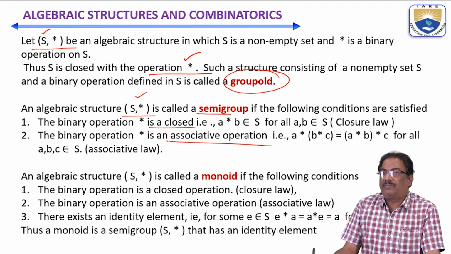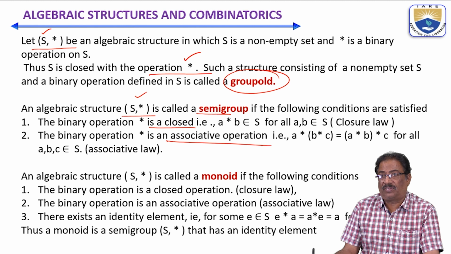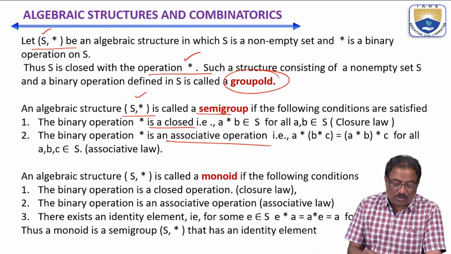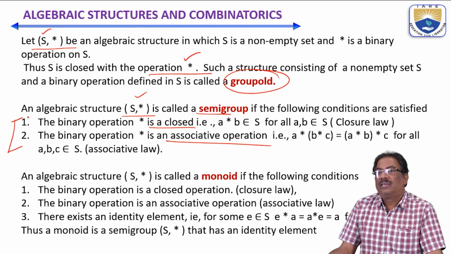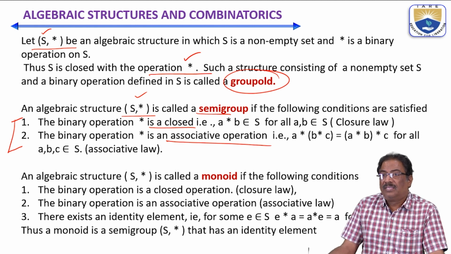And S comma star is a semigroup if, first of all, S is closed under the binary operation star, and S satisfies the associative property under the binary operation star. When these two conditions are satisfied, we can say that S comma star is a semigroup.